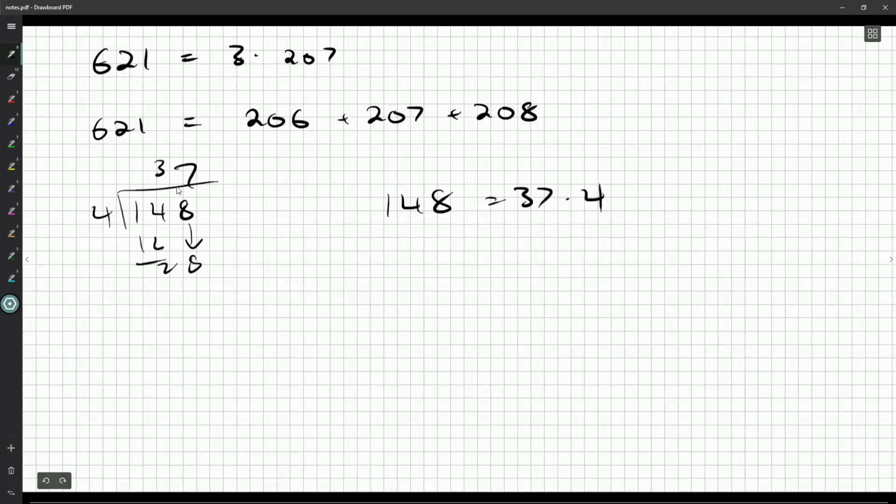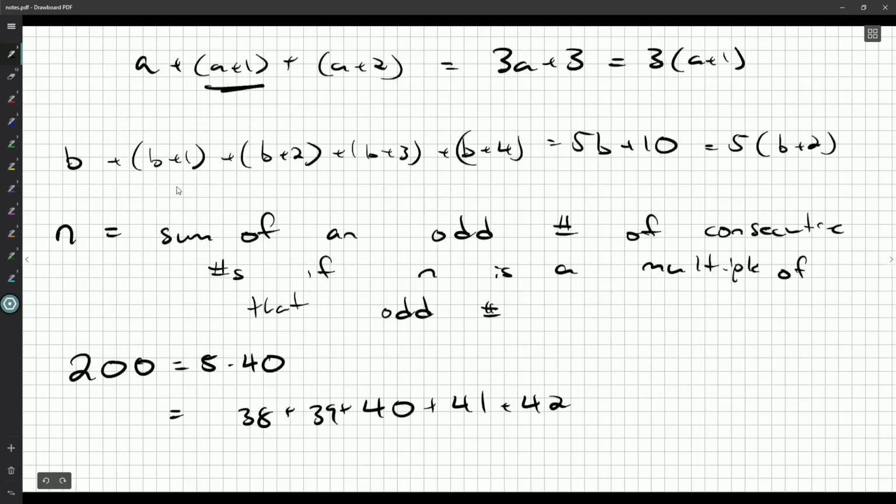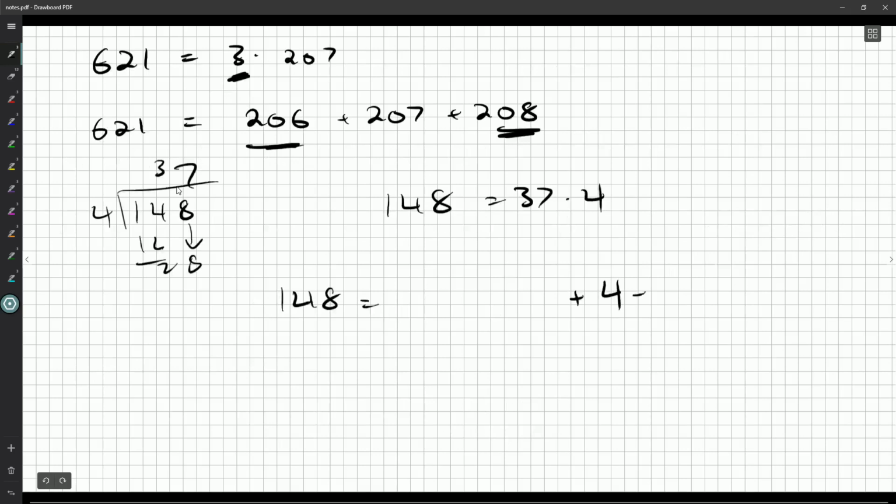But if I go to turn that into a sum, we'll place 4 in the middle. For 3 numbers, 3 minus 1 is 2 divided by 2, and you'll get 1 on either side. Same with 5. 5 minus 1 is 4 divided by 2, you'll get 2 numbers on either side. Well, you're going to have to do a lot of numbers on either side to make a sum of 148 out of consecutive numbers.